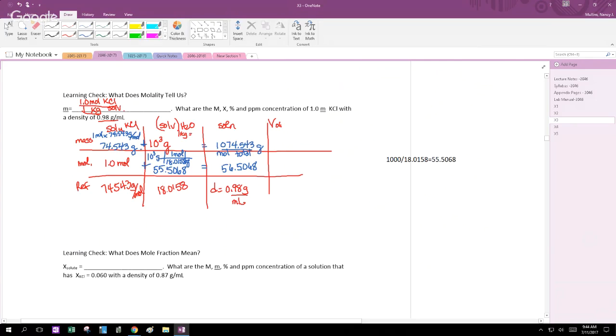Absolutely. For the solution, I have grams, and this tells me how grams relates to milliliters. So I've got 1,074.543 grams. And apparently for every 0.98 grams per milliliter.